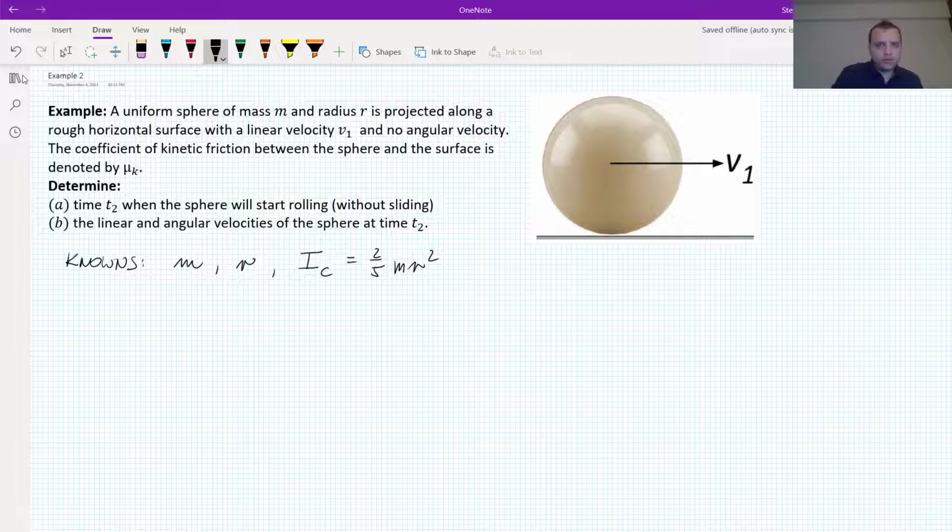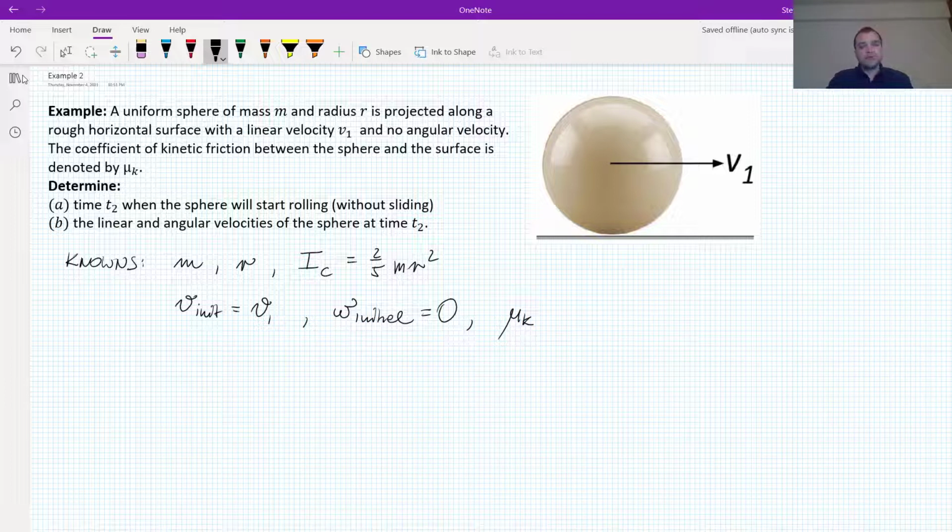Moreover, we know that V initial is V1 and omega initial is 0. And we also know mu k.